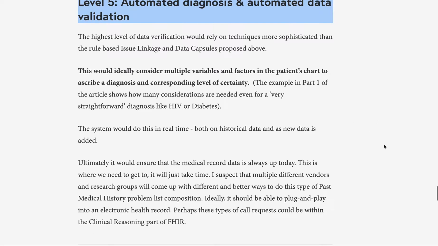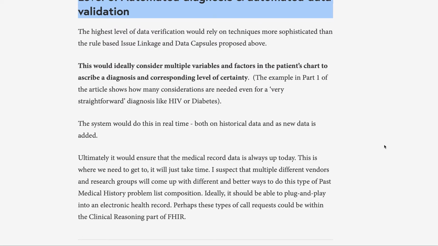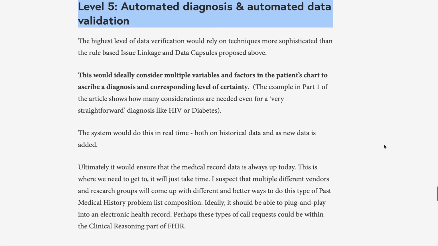And I actually suspect that this tool, this processing power, would be an integration you could add into your electronic medical record. And it might be sold by different vendors and different research groups, and you might pay for multiple different tools and products which do this type of data aggregation and diagnosis and validation.